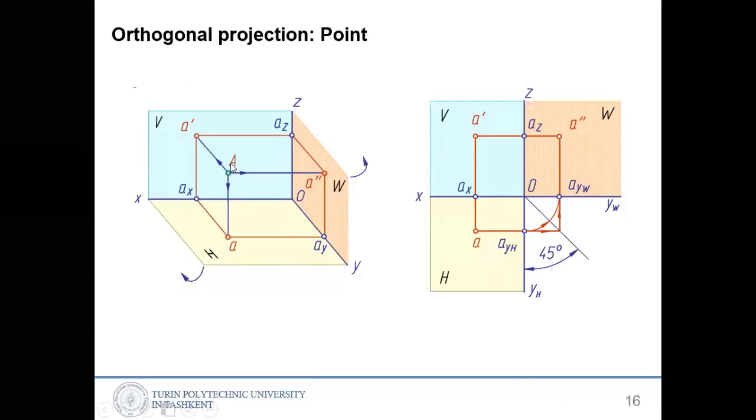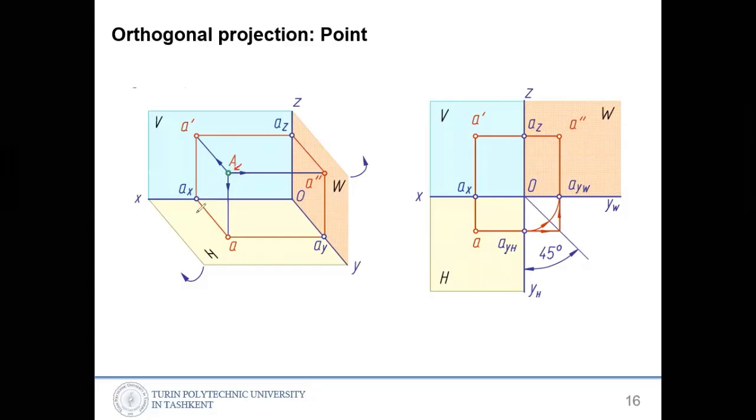The big capital character here, the green point, is given with capital A, and that is in space, in real life. So how can we draw this on two-dimensional paper, in two-dimensional space?